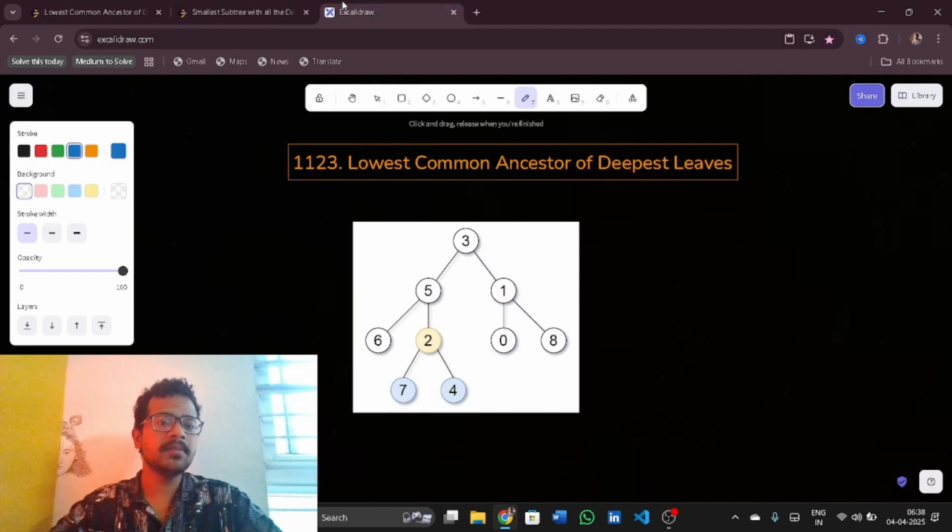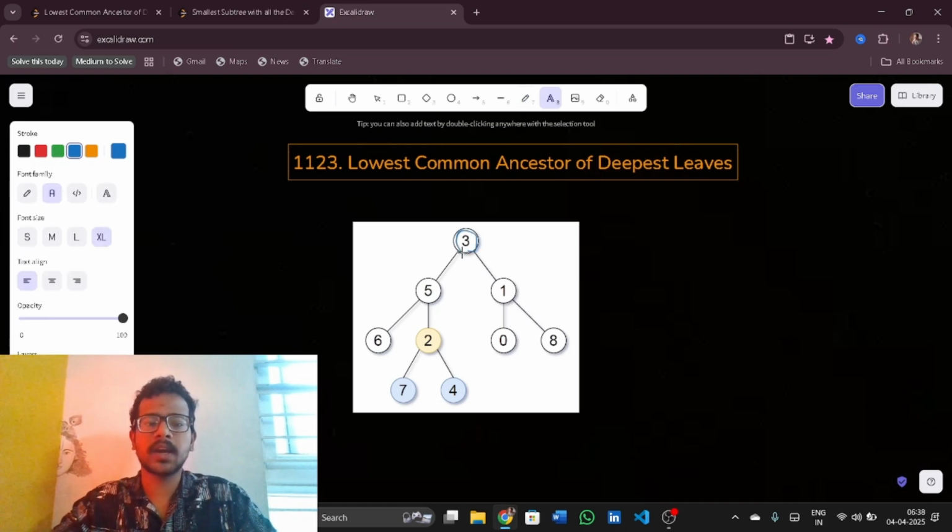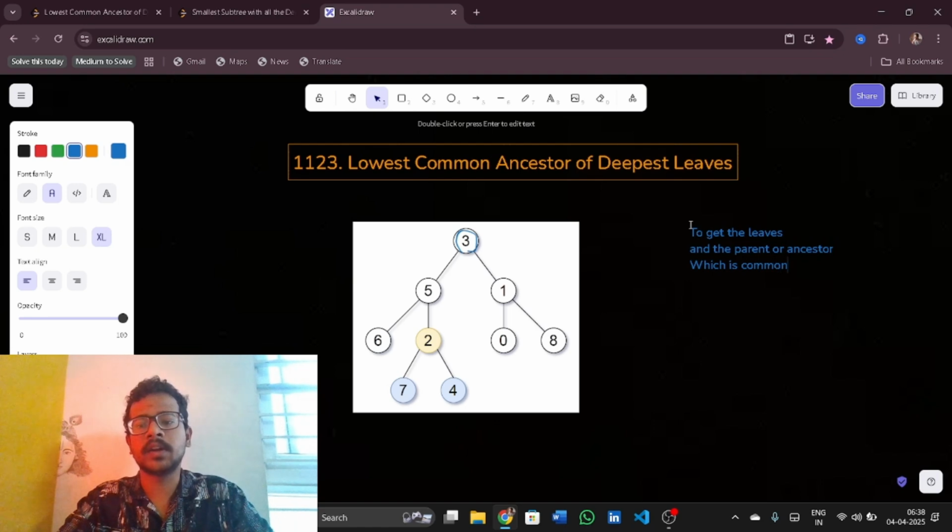So if I take the same example, let me explain clearly. Here I have a root node 3, right? My aim is to get the leaves and the parent or ancestor which is common to all the deepest nodes, right?